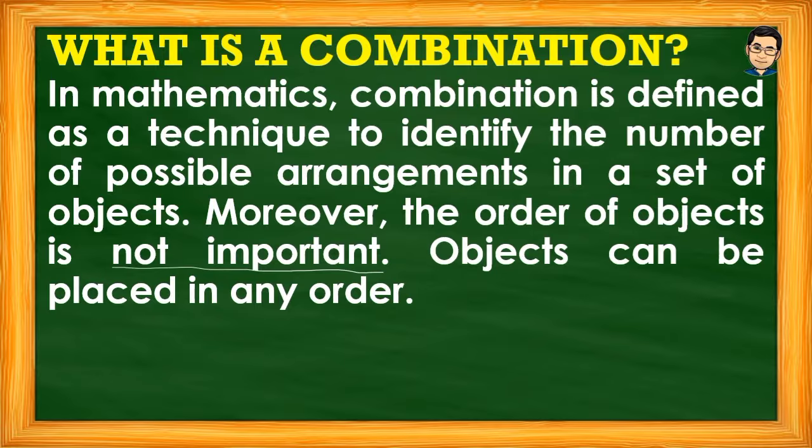So, kung paano natin gustong i-arrange yung mga objects, halimbawa, yung tao na nagpapapicture, yung combination ng ating kinakain, pwede po natin yun gawin kung combination po ang ating pinag-uusapan. Pero, kapag permutation, kailangan meron po yung order. Okay.